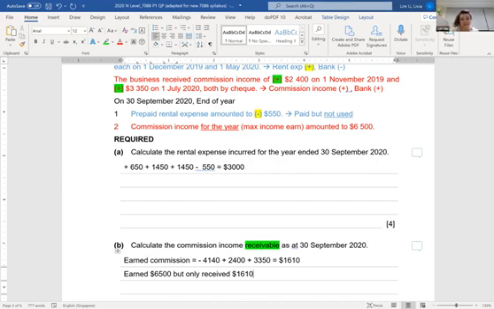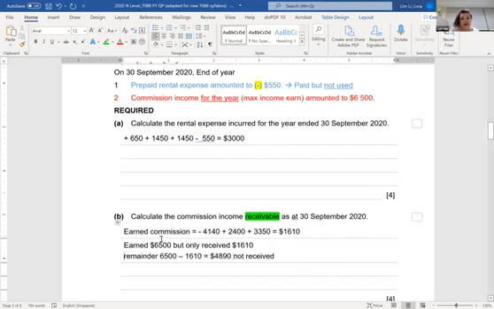So what happened to the remainder? The remainder is 6500 minus 1610. This amount here, 4890, I have not received yet. I have only received a certain portion.